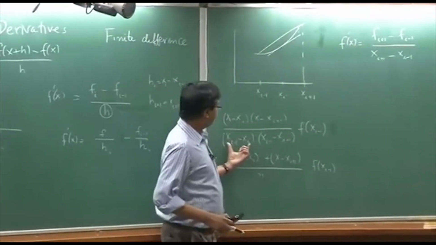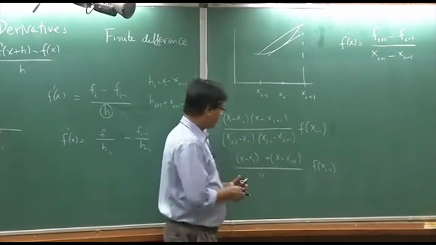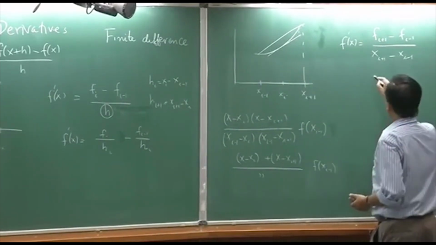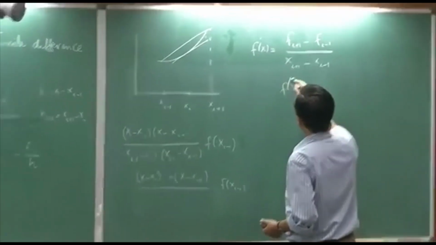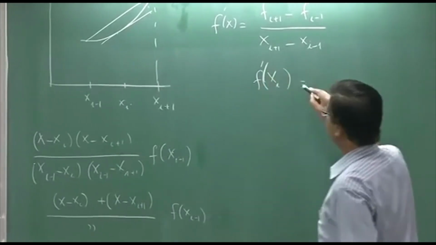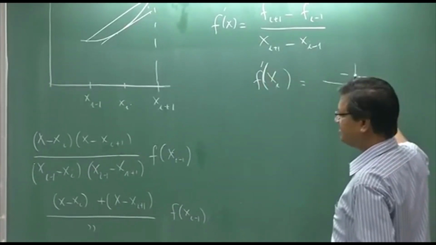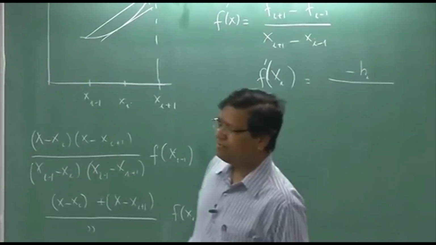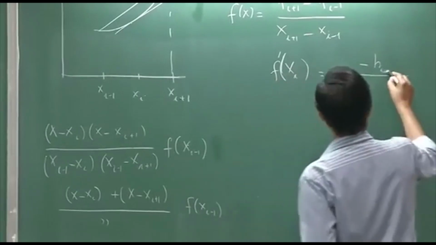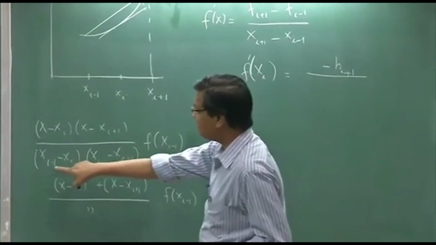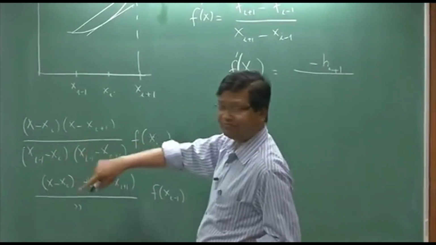And now divide by these: xi minus 1 minus xi is minus hi.